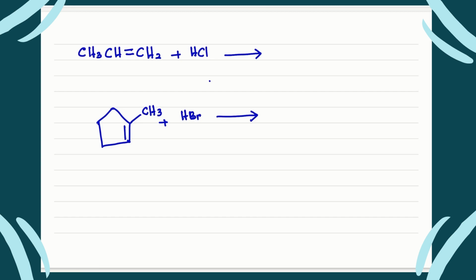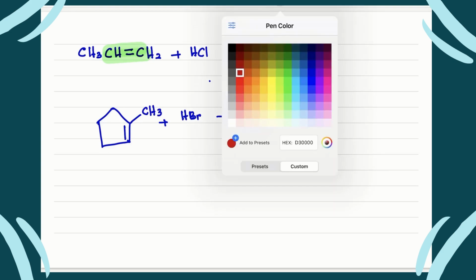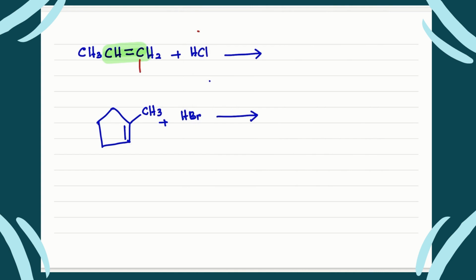First we need to focus on the functional group. When it undergoes reaction with HCl, let's focus on each carbon. This carbon and this carbon. Which carbon contains more hydrogen? Of course this carbon, meaning that the hydrogen will attach there. And the next carbon will attach to the chlorine. So the product.